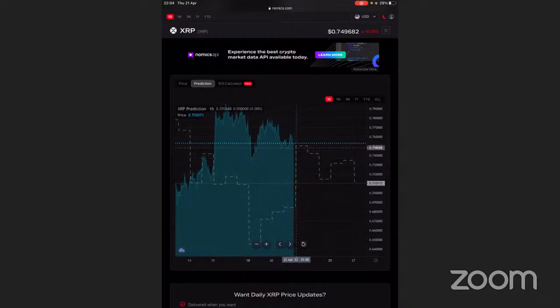It shows us it was steadily going up from the 19th of April. So if you had entered on the 19th of April and held this coin all the way up to tomorrow, which is the 23rd, because tomorrow it's going to start going down.